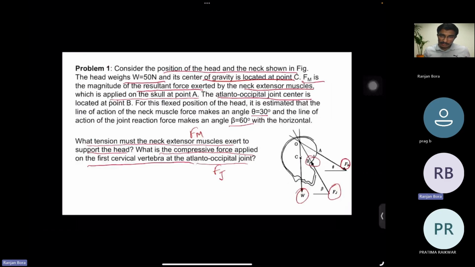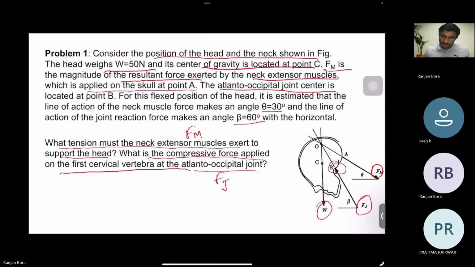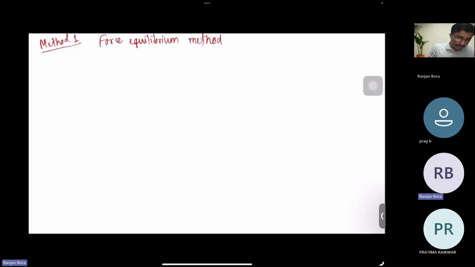You can see from this figure, one force is W, another force is Fj, and one more force is Fm. All the forces are passing through this point O. So I will draw here the point O, then W, which is acting vertically downward, and Fj is acting at an angle beta.